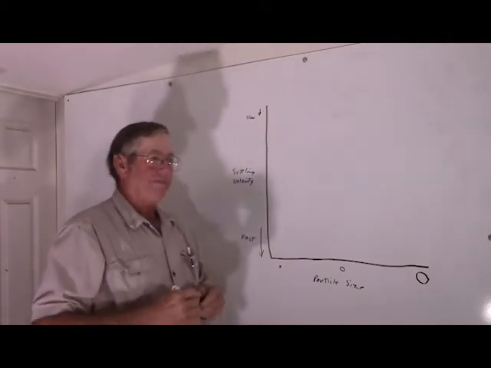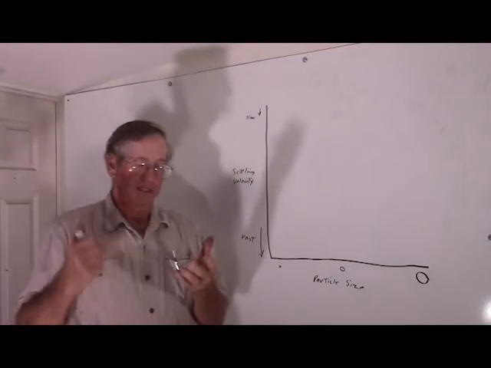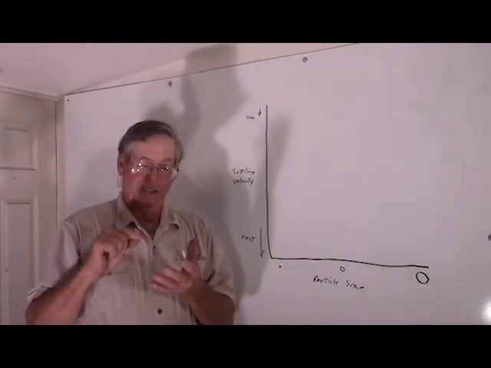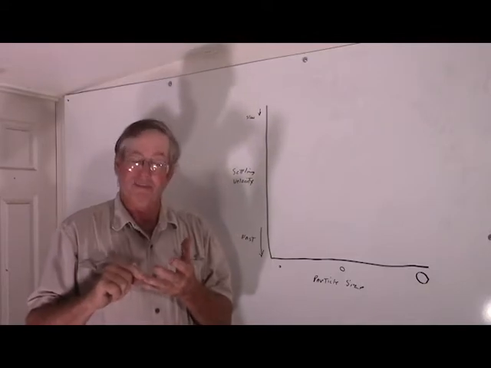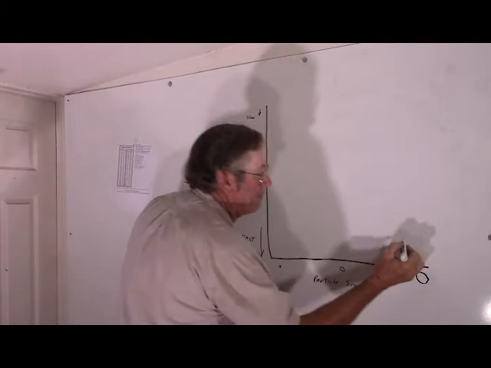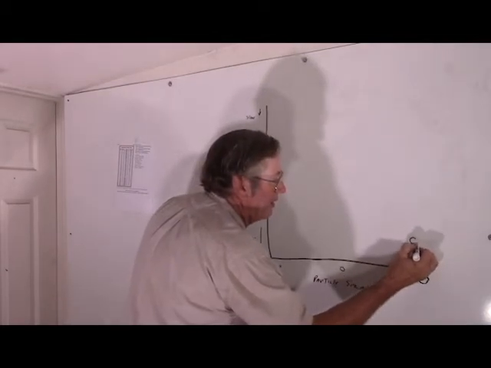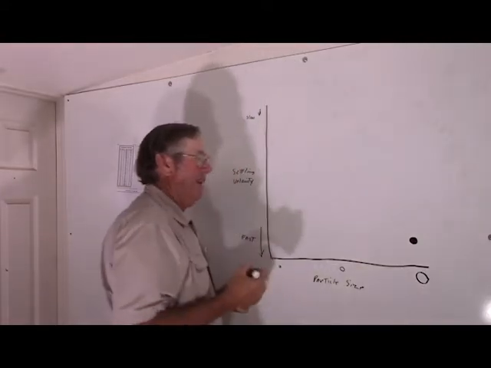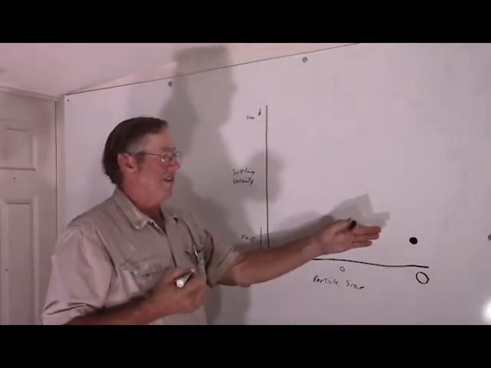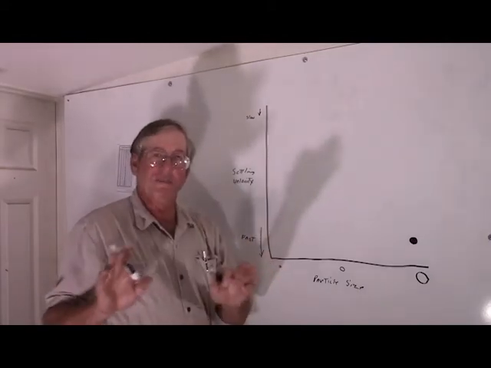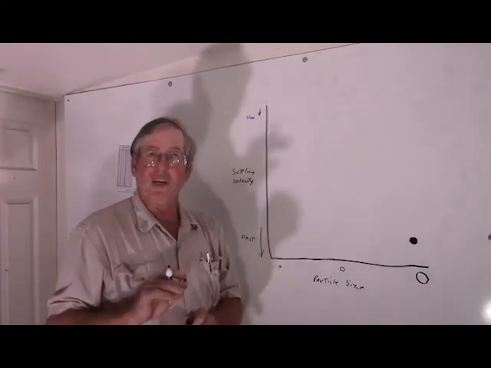So, settling velocity depends on the density of the material, the shape of the material, and the size of the material. We'll start here with gold. Let's say we have a large gold particle here. It's dense, it's large, it's going to settle fast. I'm assuming for today's lesson, to make things simple, they're all the same shape.